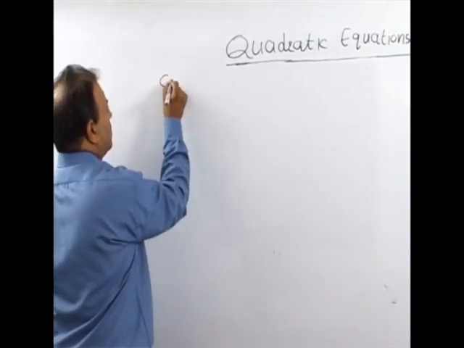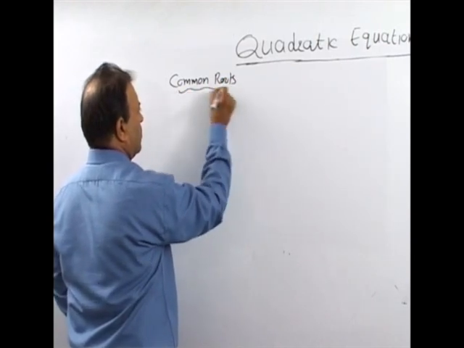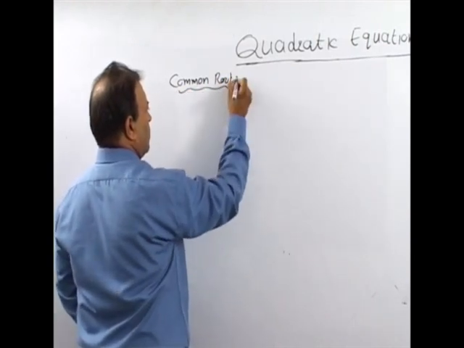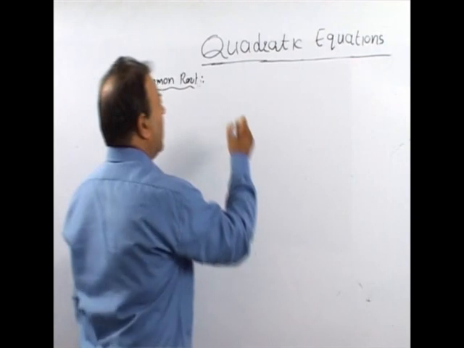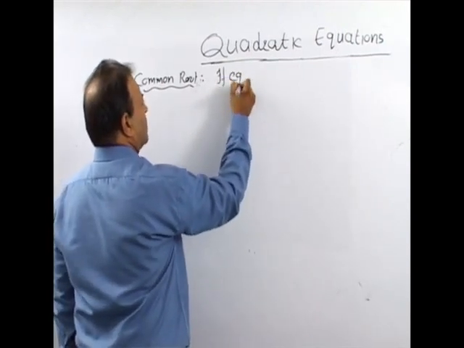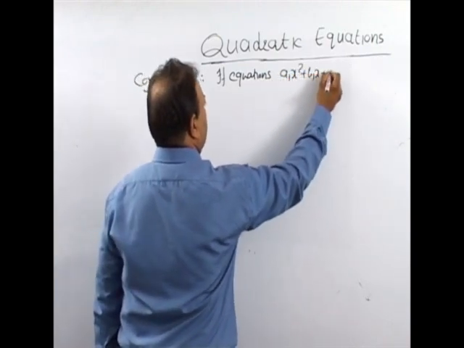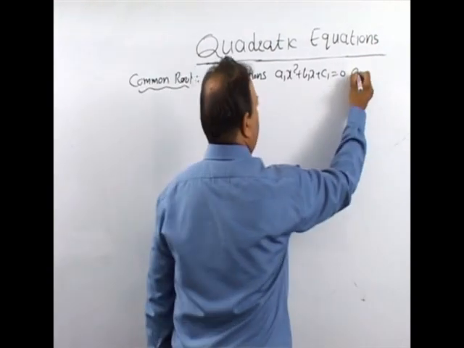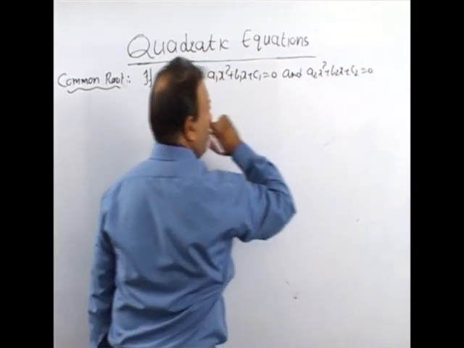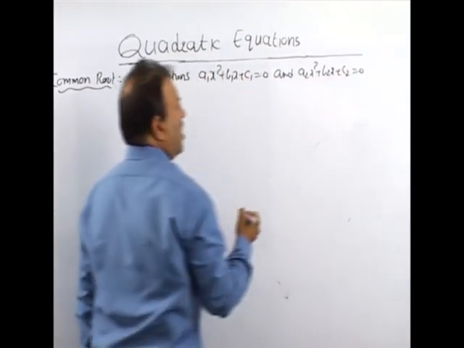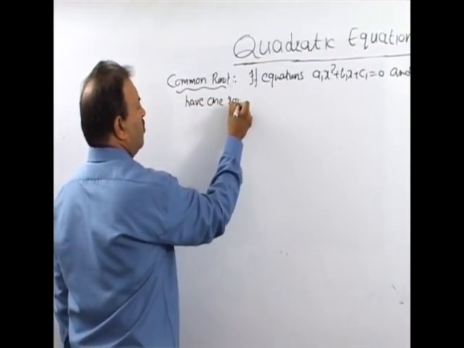Sometimes we are given a question that if equations a1x square plus b1x plus c1 is equal to 0 and a2x square plus b2x plus c2 is equal to 0 have one root common.